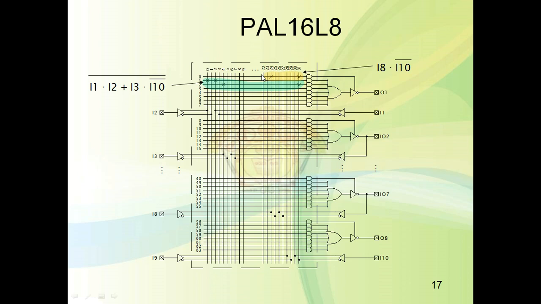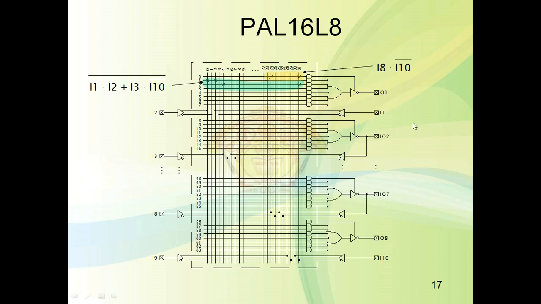Now you can see here the structure of the 16L8. These are the input output pins, shown by the cross marks here. Now see here, this is output 1 and output 8, O1 and O8.